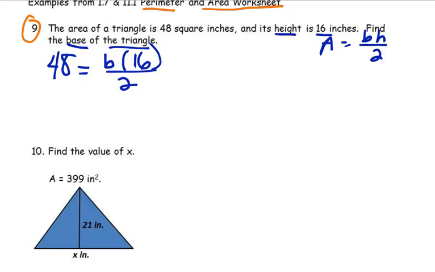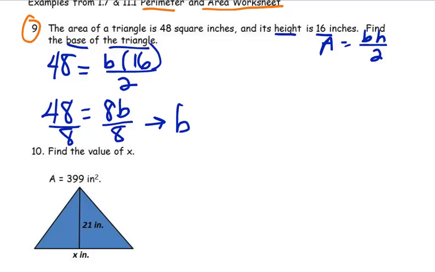Okay, now since these are all factors on the right-hand side, the base times the height divided by 2, I can divide 16 by 2 right now. So I could do the 48 equals 16 divided by 2 is 8b, and then I'm going to divide both sides by 8. And when I do 48 divided by 8, that's going to make b equals 6.